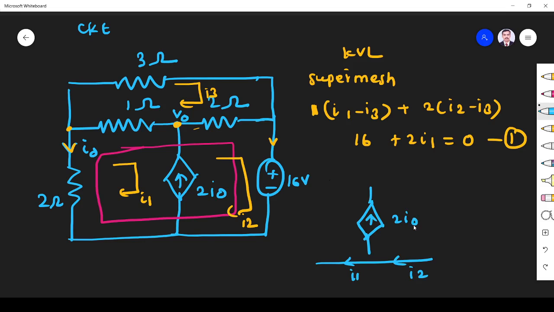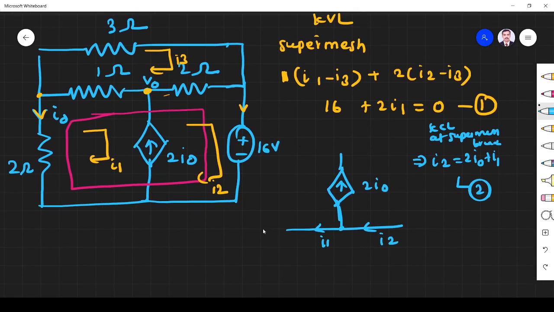Yes or no? So if you see, incoming current is equal to outgoing current. This implies I2 is incoming, outgoing is 2I0 plus I1. KCL at the super mesh branch. So this is equation number 2.